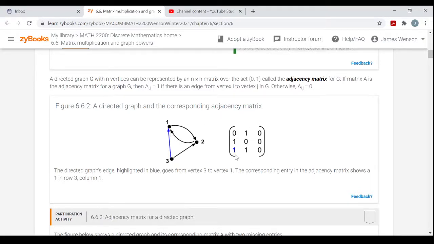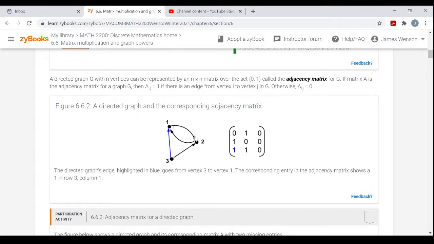So in the adjacency matrix, in row 3, column 1, I'm going to put the number 1, which they have highlighted in blue here. 3rd row down, 1st column to the right, there's the number 1 because there is an edge from vertex 3 to vertex 1. And the 1 right above it means there's an edge from vertex 2 to vertex 1, right? Row 2, column 1. And you can see that here, 2 to 1 has an edge.